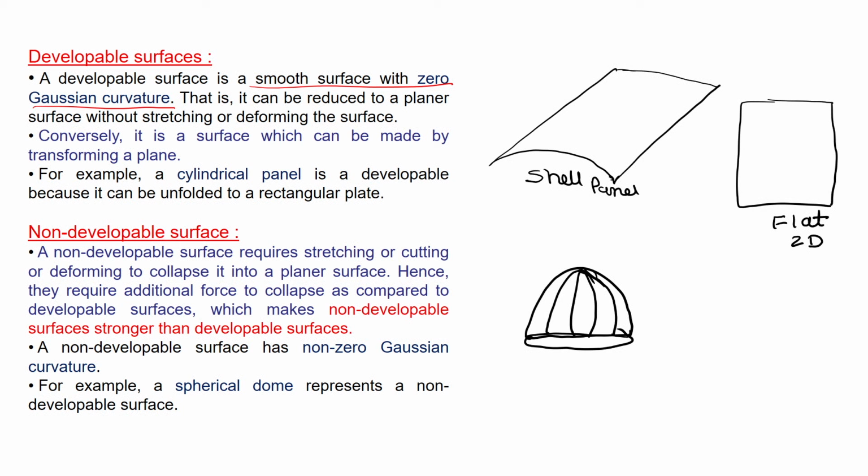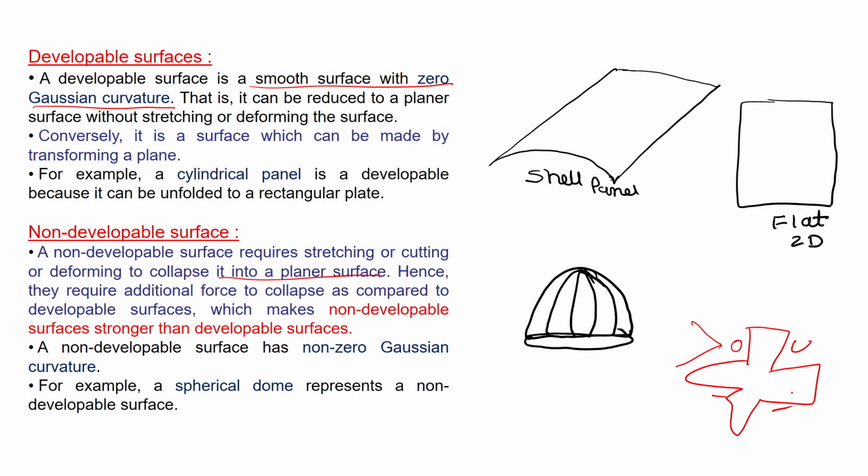A non-developable surface requires stretching, cutting or deforming to collapse into a planar surface. Suppose you want to make it 2D, then there will be a crack in that surface, or it may require stretching, so that it will not join smoothly. It may have some flower-like pattern, and there will be some gaps if you open it.